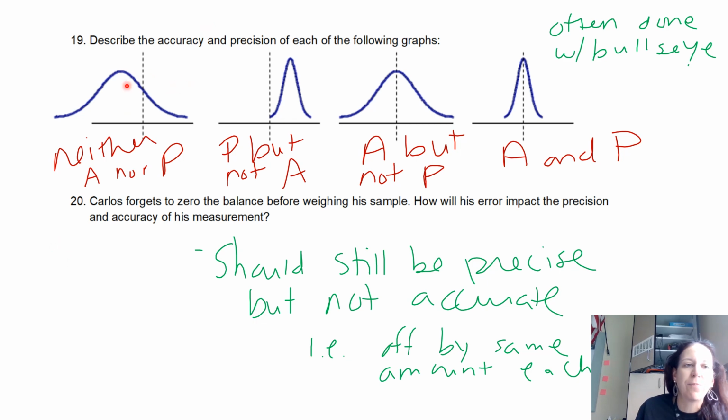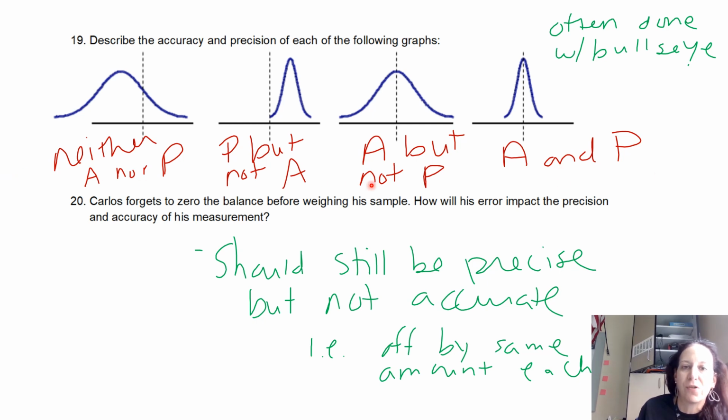This is accuracy and precision. So up here it says often done with bullseye. Okay, that's usually how this is illustrated. This one is neither accurate nor precise. This one is precise but not accurate. This one is accurate but not precise, and this one is both accurate and precise.